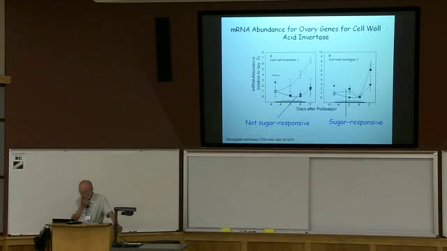What you see is that cell wall invertase 1 increases in gene expression as these ovaries grow, and this is relative to the expression that we see on day -5, that is 5 days before hand pollinating these ovaries.